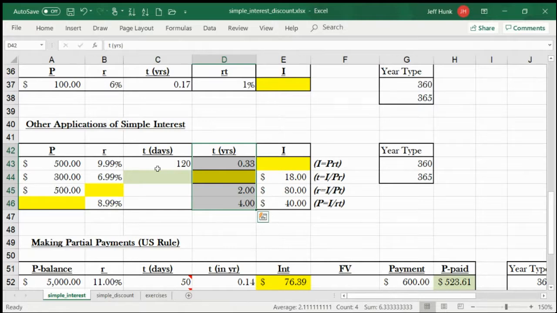It just gives you a verbiage, like Jim Cramer borrowed $500 at 9.99% APR for 120 days. So what is the interest he has to pay? It's just verbiage. They don't give it to you like this. This is something you'll have to build.